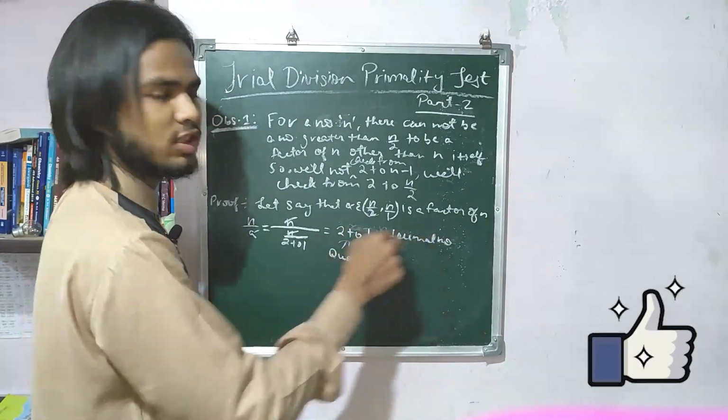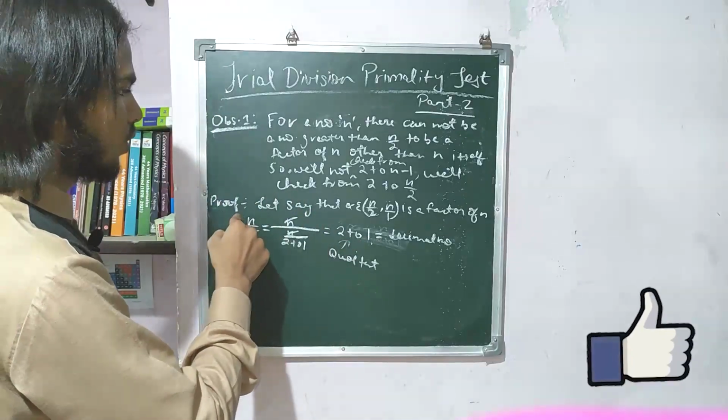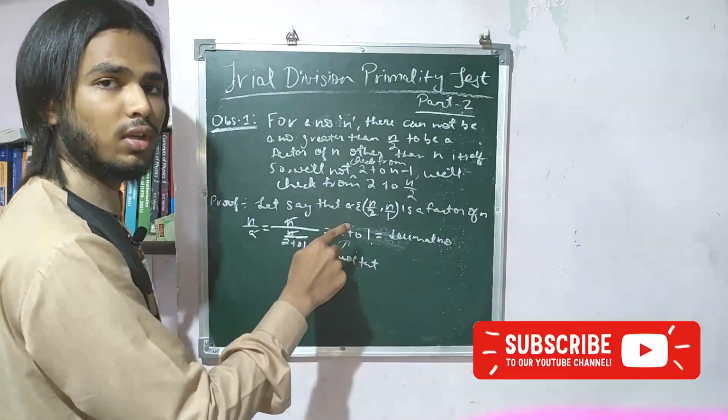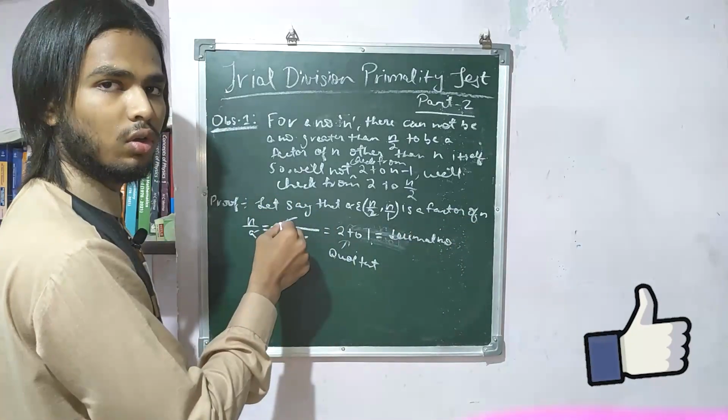Rest all the numbers are decimal numbers. So we have proved that alpha is not a factor of n.